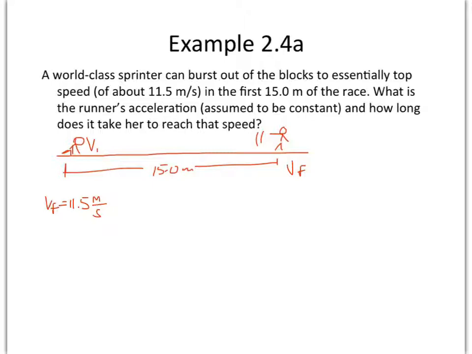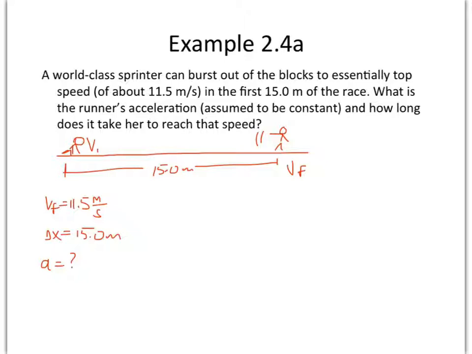In the first 15 meters of the race, so that is our displacement. She displaces 15.0 meters, starting at 0.0 meters. And we want to find the acceleration. The acceleration we don't know. We also want to find her time as well, but I'll write time in a different color because that'll be a different part of the problem.